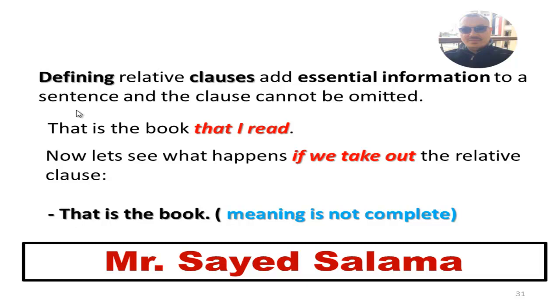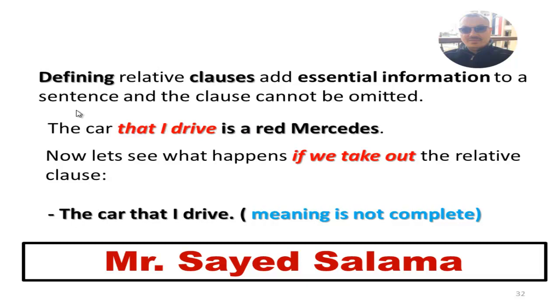If you remove it, you will have no meaning, or the meaning will not be complete. Relative clause and essential information. So the car that I drive is a red Mercedes.